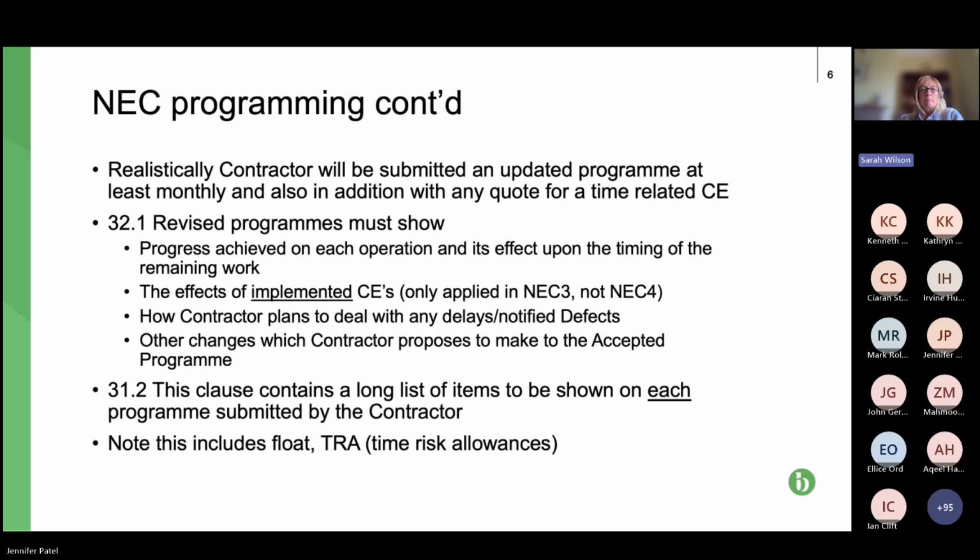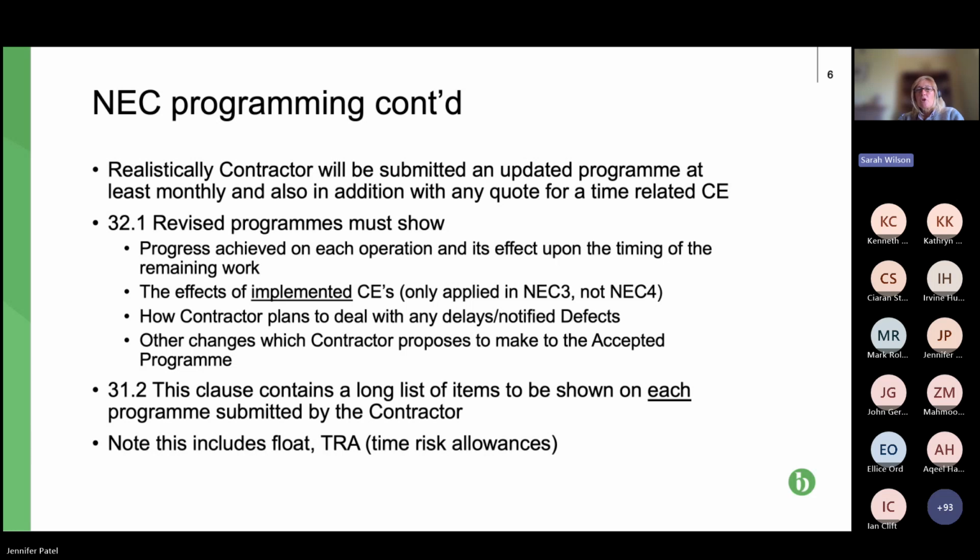So based on the updates, the first bullet point says that realistically, the contractor will be submitting an updated programme at least monthly. In my experience, assuming that is complied with, you will have a good set of programmes.